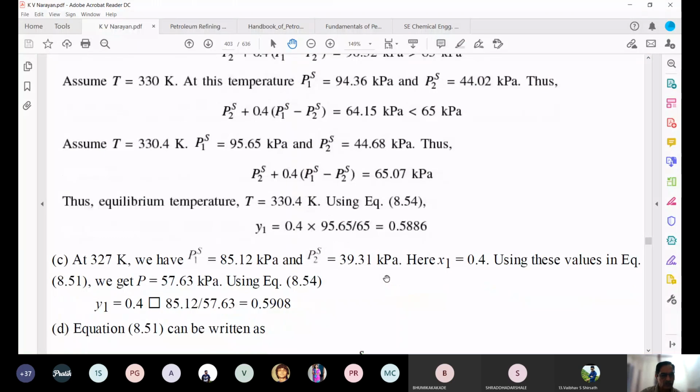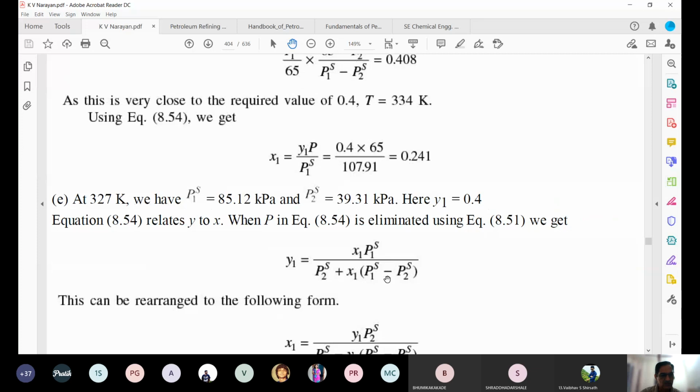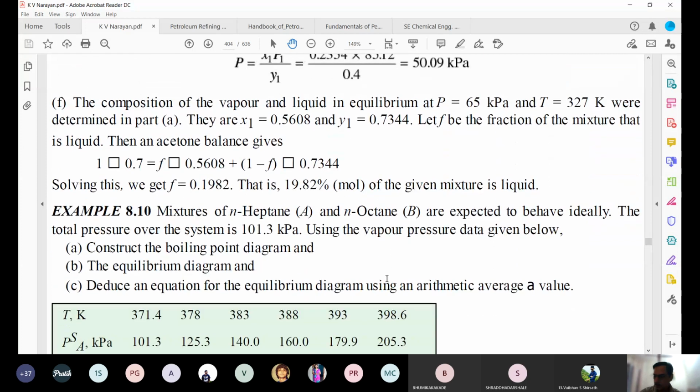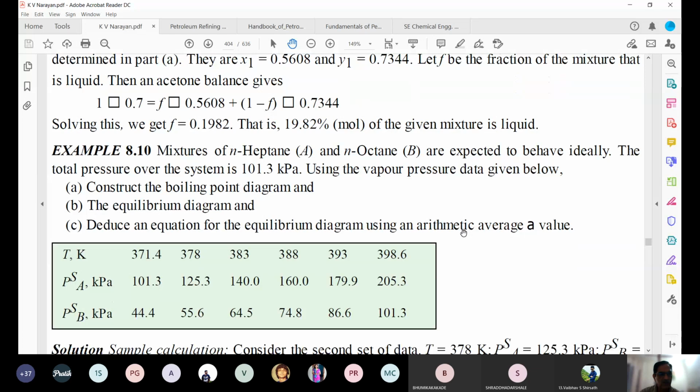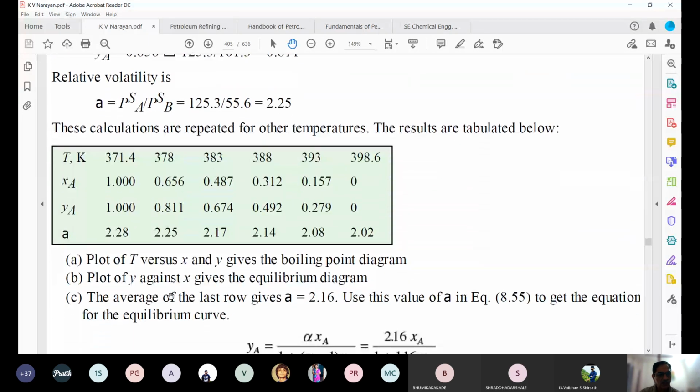Okay, so ये हो गया, पार्ट डी हो गया, ई हो गया, सब हो गया इसका, राइट? एफ भी हो गया इसका। अभी ये क्वेश्चन करना है क्या, प्लॉट T versus x, y? ओके। So let us do this example 8.10 because एग्जाम में बहुत बार आता है T-x-y डायग्राम, because this question is plot T versus x, y, and y against x is the equilibrium diagram.